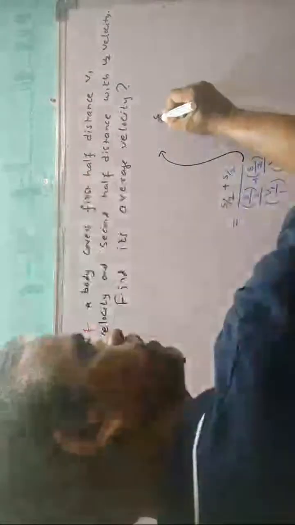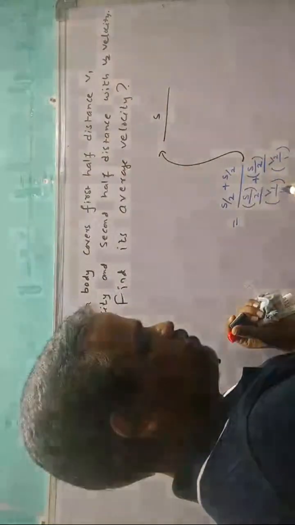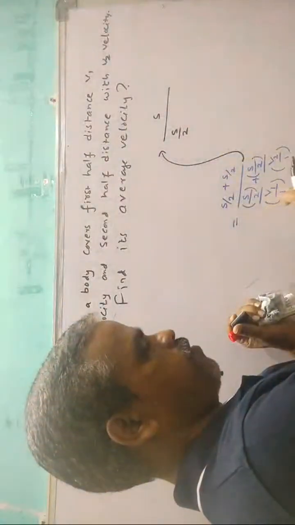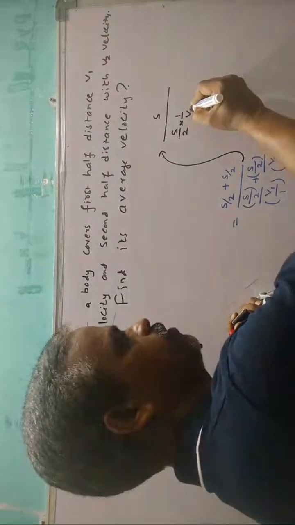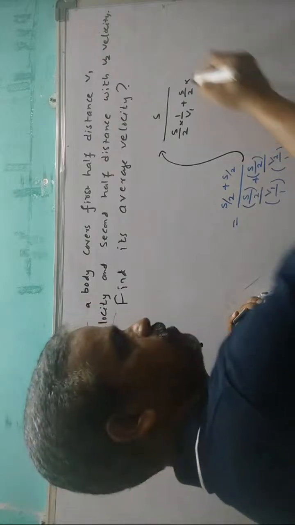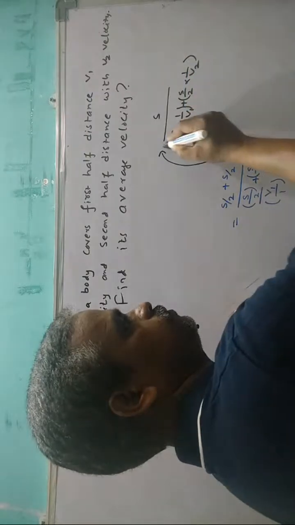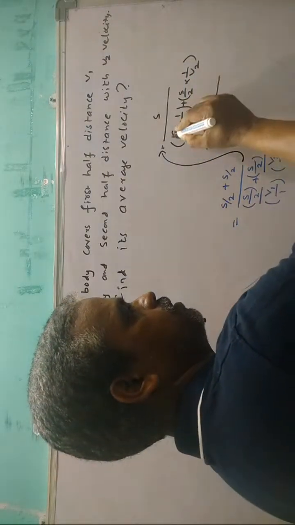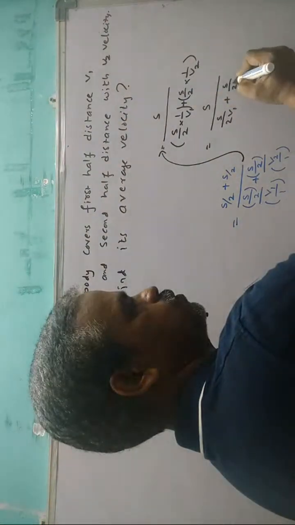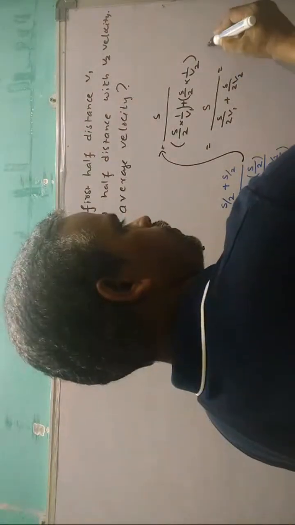See, S by 2 plus S by 2, divided by S by 2 by V1 plus S by 2 by V2. Fraction by fraction. First fraction S by 2 into 1 by V1, then S by 2 into 1 by V2. So this is S by 2V1 plus S by 2V2.